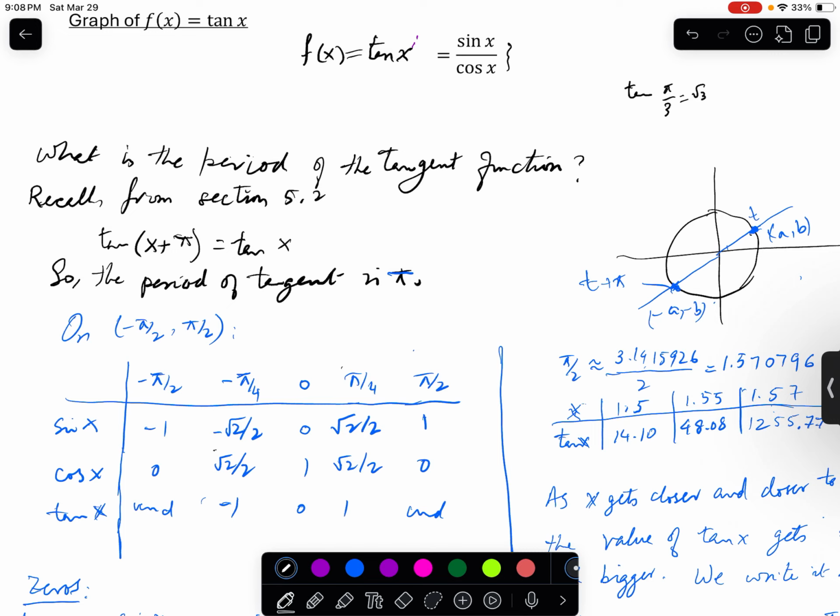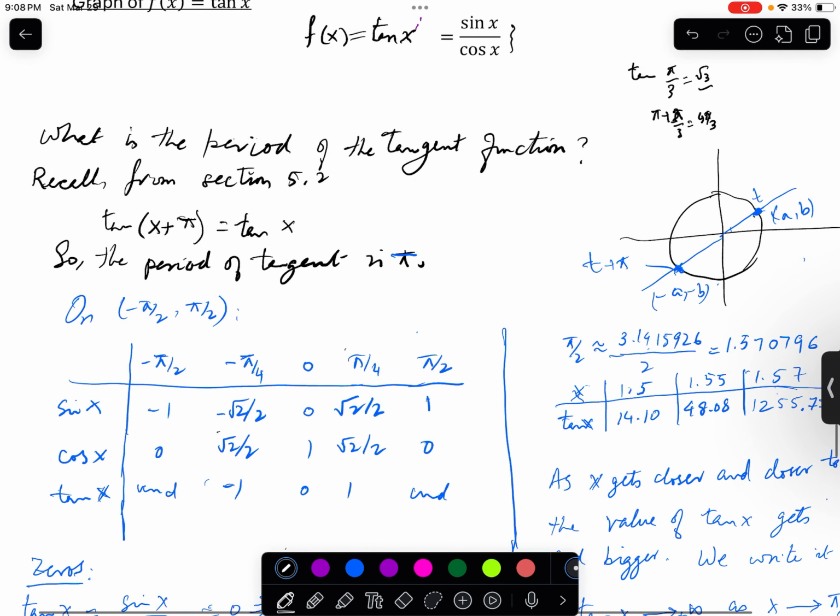Now if you do pi plus pi over 3, which is equal to 4 pi over 3, it is in the third quadrant. So the tangent of 4 pi over 3 is also square root of 3. This is why we say that it repeats after every pi interval, so the period of the tangent is pi.